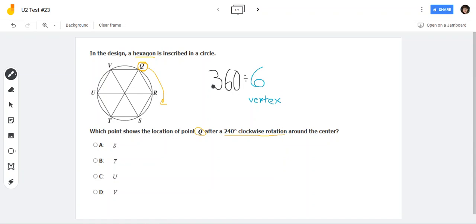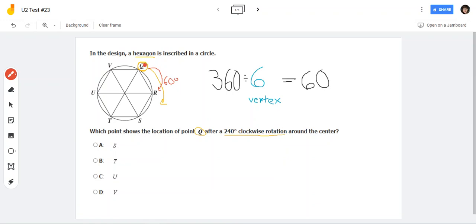So if I divide 360 by 6, I get 60 degrees. So that means every time I go from one letter to another letter, that is 60 degrees, okay?